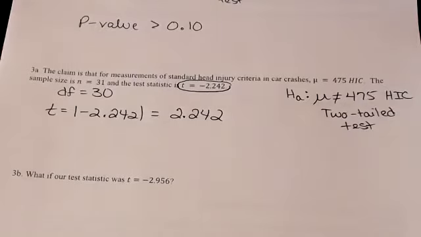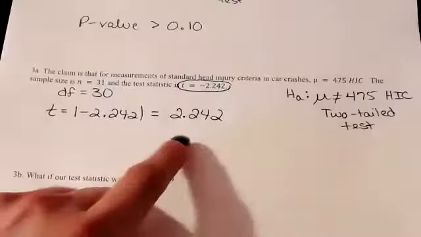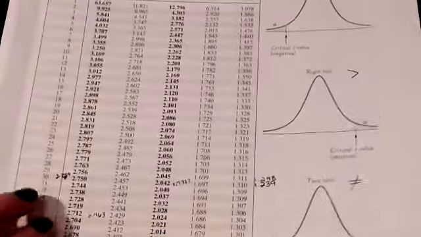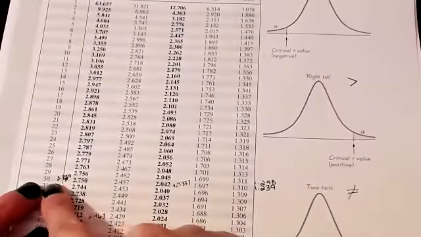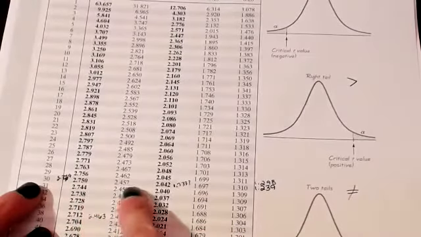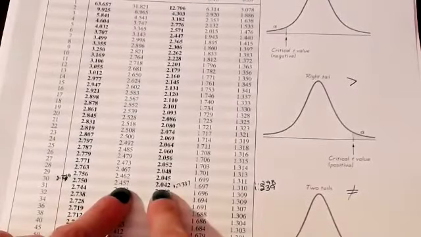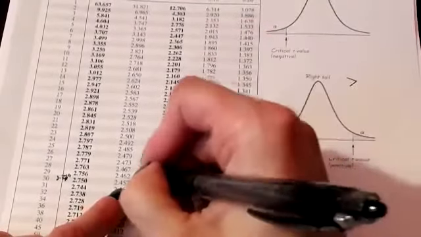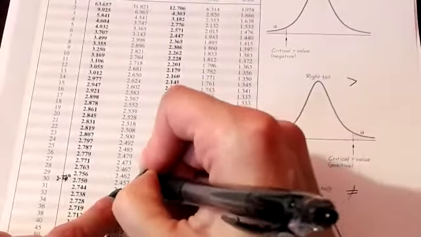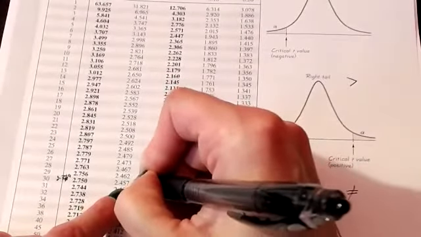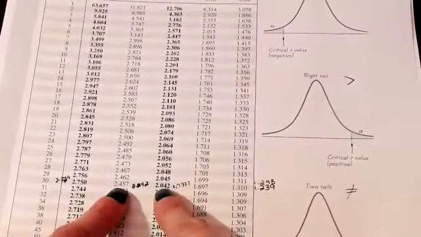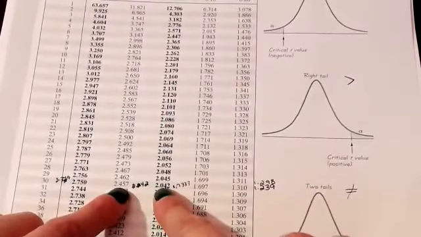So let's go back to our row of degrees of freedom 30, and we're going to look up where 2.242 lies. Aha. 2.242 lies between these two values. So I'm going to squeeze 2.242 in there. That lies between these two values.